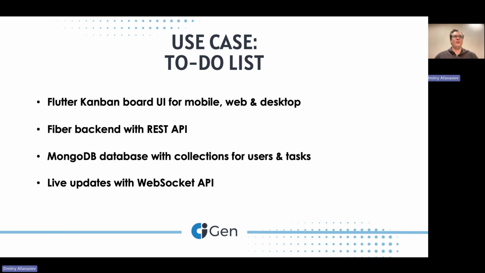So what I've prepared today is a Kanban board application that runs on all platforms, mobile, web, and desktop, of course written in Flutter, and connected to a local microservice backend with one microservice running the Go API and the other running the Mongo database. And we use the Fiber framework on the backend side to implement the API.